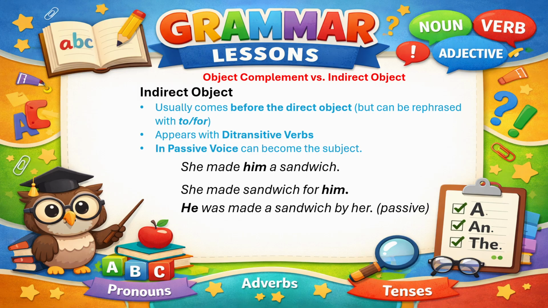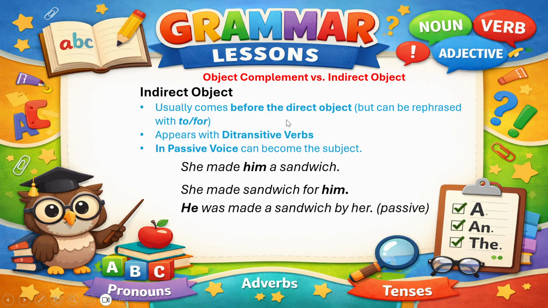The second point, related to the indirect object, is that usually the indirect object comes before the direct object. Complement comes after the direct object, and indirect object usually comes before the direct object.